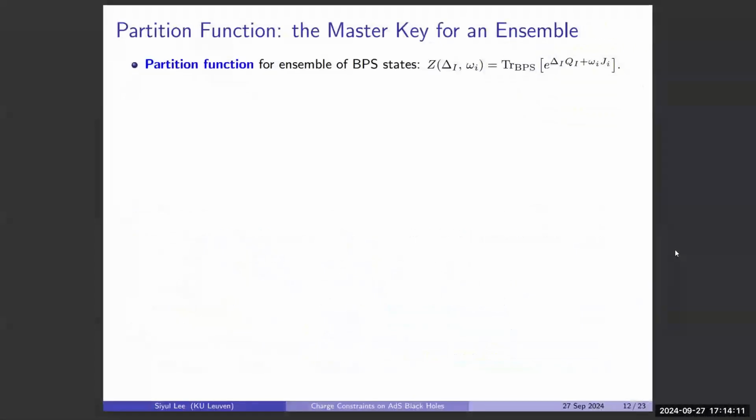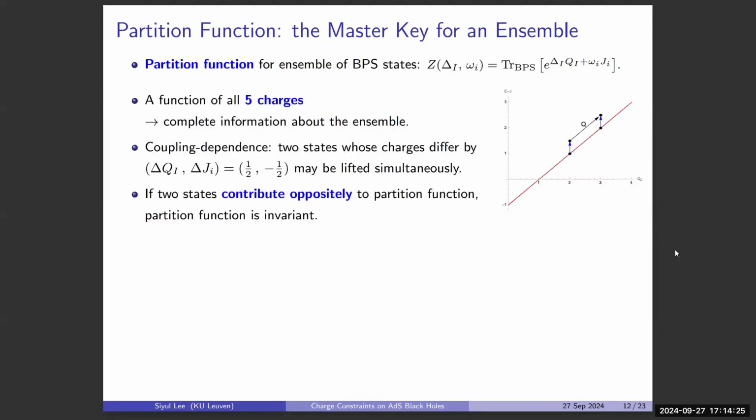So similarly, we have a very powerful tool called the partition function, where we can define the partition function in terms of all 5 fugacities that are dual to all 5 charges. But there is a similar problem with the partition function: the partition function is not coupling independent. And there was just this argument about these 2 states being lifted always simultaneously.